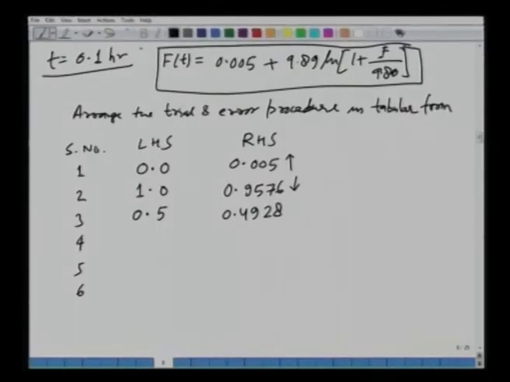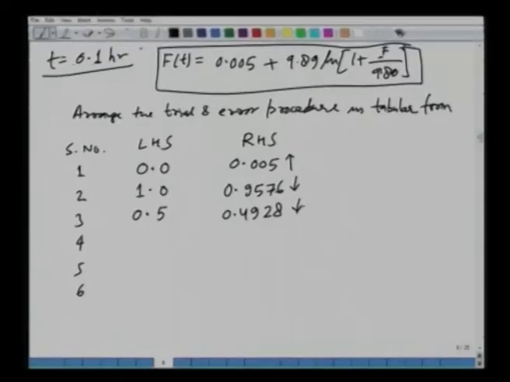Now, can you tell me what I need to do? The right hand side is slightly smaller than the left hand side, and if that is the case, we do what we had done in the first trial: we need to increase or decrease the value, and let us say you have 0.1. If your right hand side is smaller, then you need to decrease it.